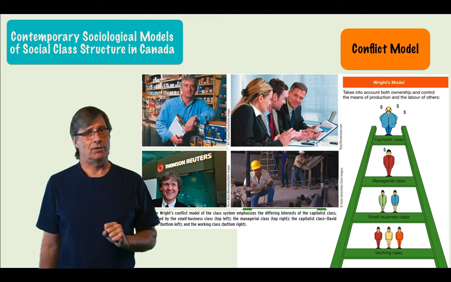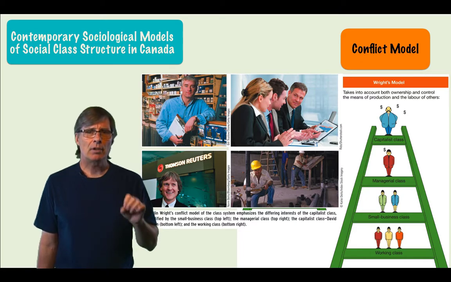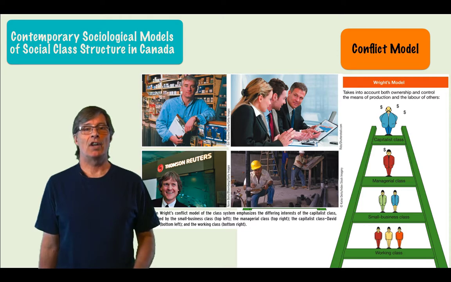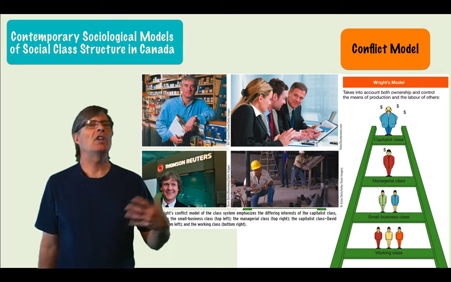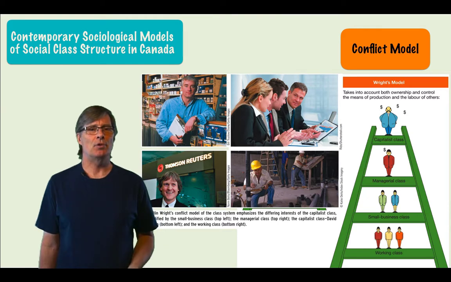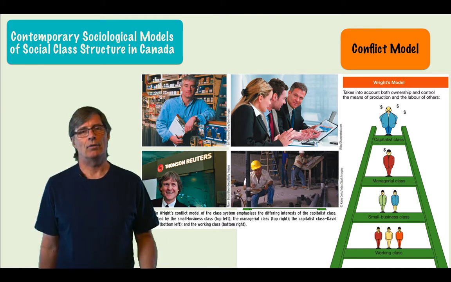The capitalist class, now according to Wright, the capitalist class holds most of the wealth and power in society through ownership of capital. You'll find the top 10 people in Canada with the top incomes fitting within this group. Their source of income is profit, interest, very high salaries.